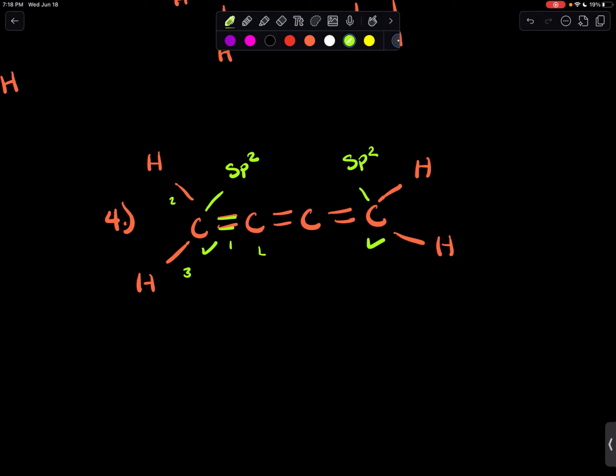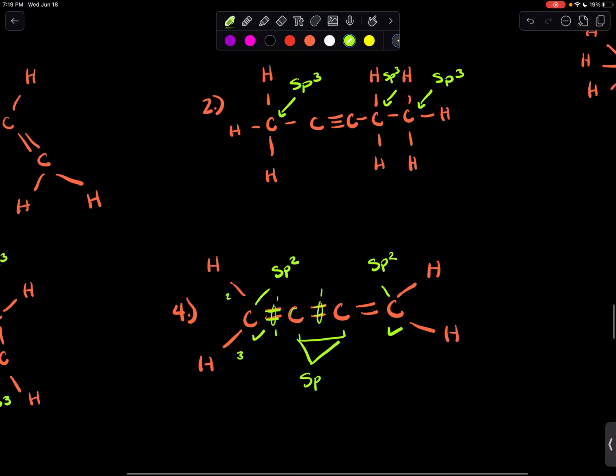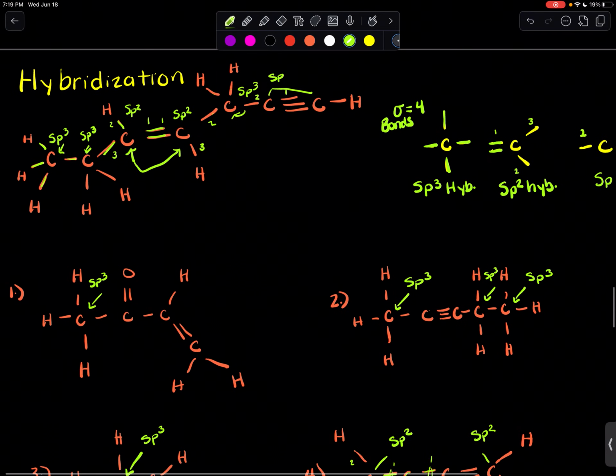The 2 carbons in the center are exactly the same. This carbon is bonded to a double bond and another double bond, so this is going to count as 1 and this is going to count as 1. And so this would make these 2 carbons sp hybridization. And that's pretty much how you do hybridization. Pretty simple.